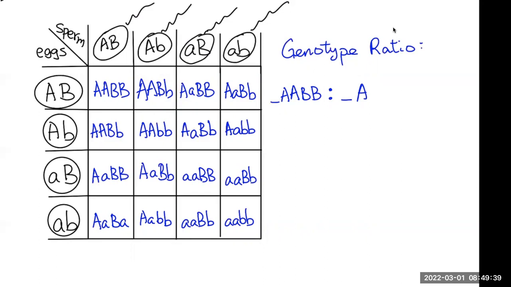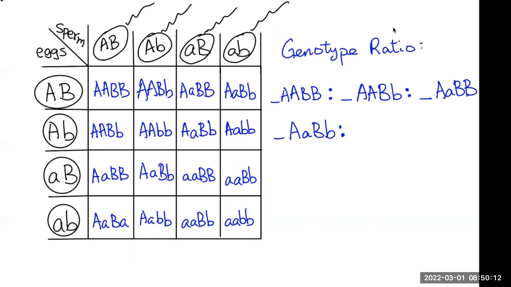And then we also have a combination looking like this. So it's a certain number of big A, big B, and then we have a certain number of this, which is big A, big B, little b. And then let's see if we have any other combinations.